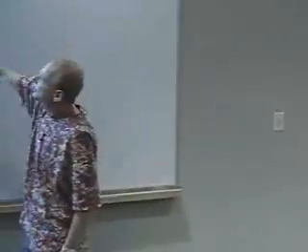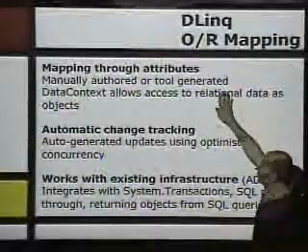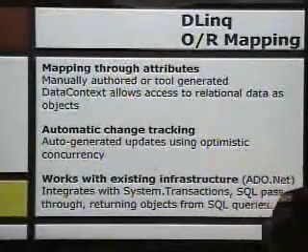So, as I said, this is a typical OR mapping thing. What we do at this point is we do mapping using attributes. And then, of course, there are lots of people that say, oh, we want to do the mapping using some external XML file. But then I think, gee, if I do it with some external XML file, then I have to solve the versioning problem. I have to know who created that. Oh, we already solved a lot of this with assemblies.